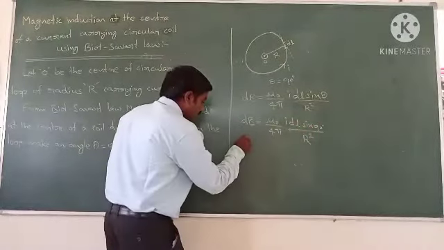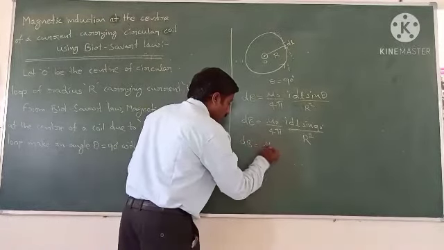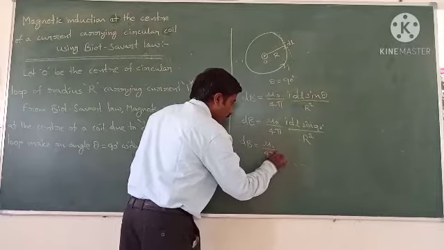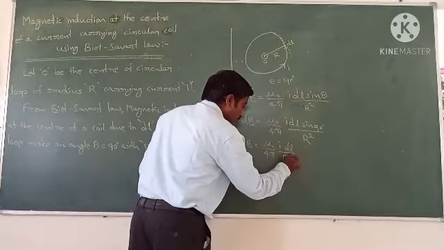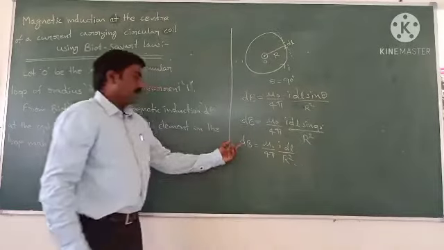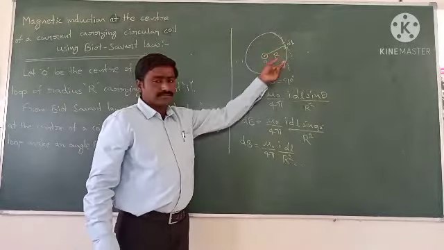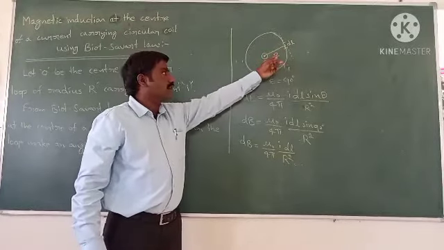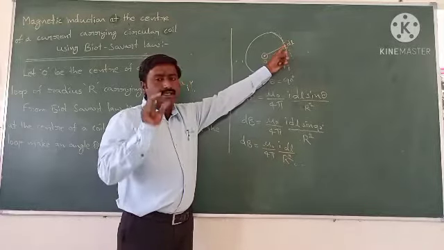So this can be written as dB equals mu naught by 4 pi, I dl by r square. So this is the produced magnetic field at the center of a circle of radius r due to the elemental length dl, only due to dl element length.